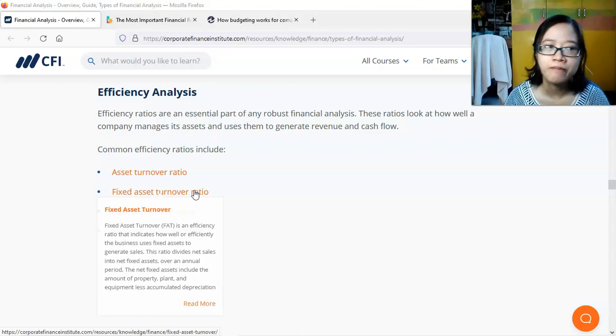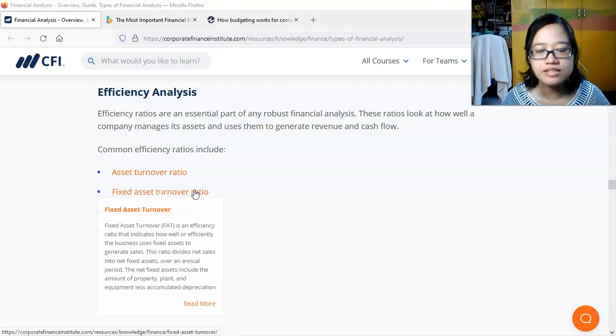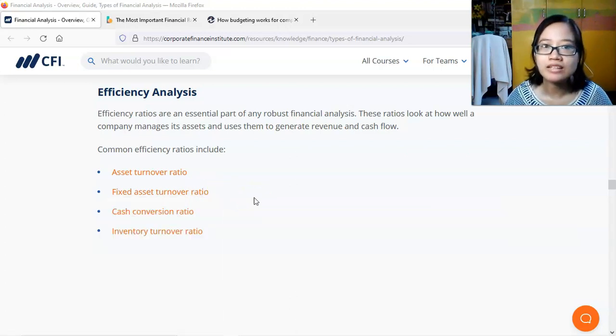So, in that case, sulit yung pagkakabili ng machinery na yon. Okay, so dito naman siya tinitingnan sa fixed asset turnover. When the company buys a fixed asset, na-maximize ba yung utilization niya? Okay? Nagagamit ba siya dun sa, supposedly number of years na magagamit dapat siya?